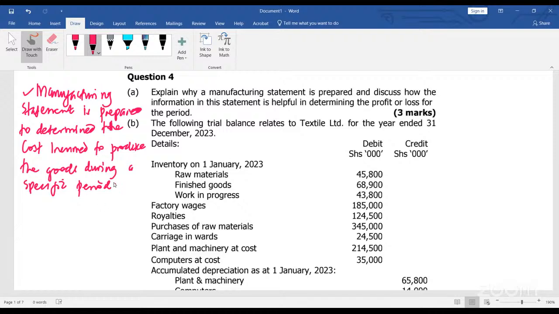So we prepare the manufacturing statement or account to determine the cost incurred to produce the goods during a specific period.